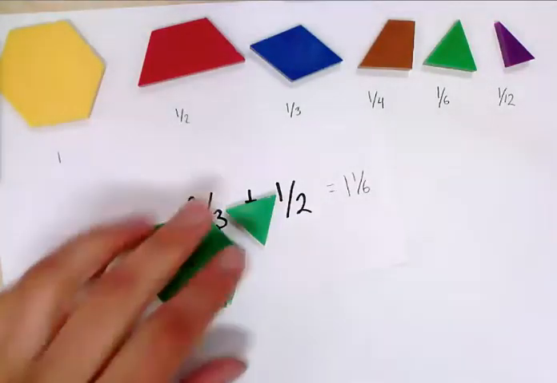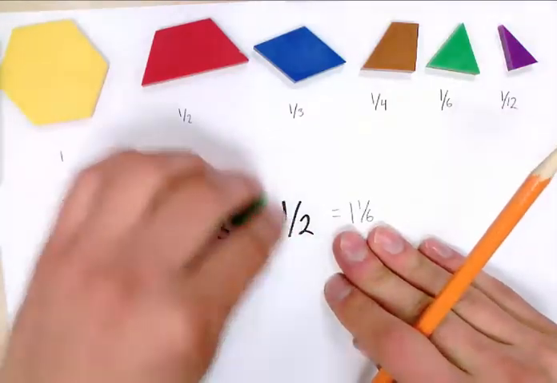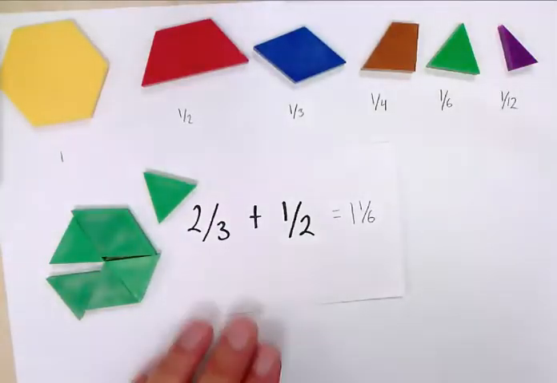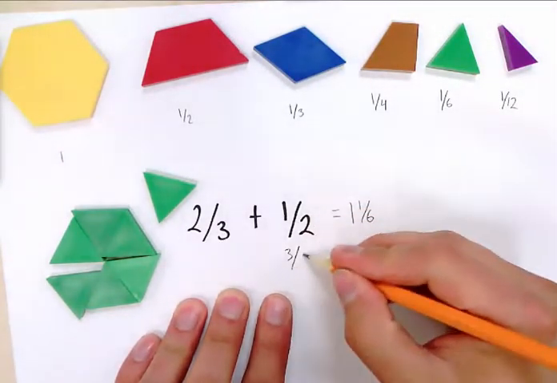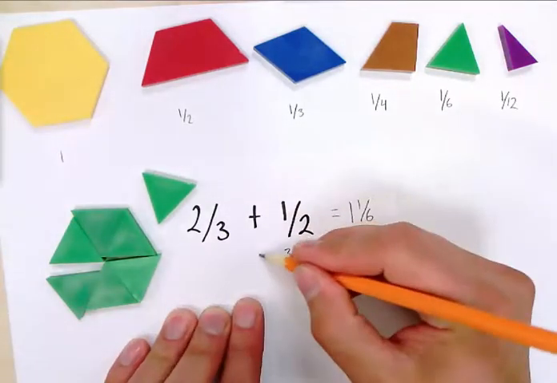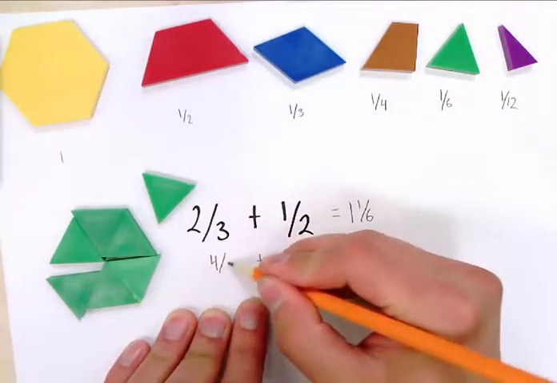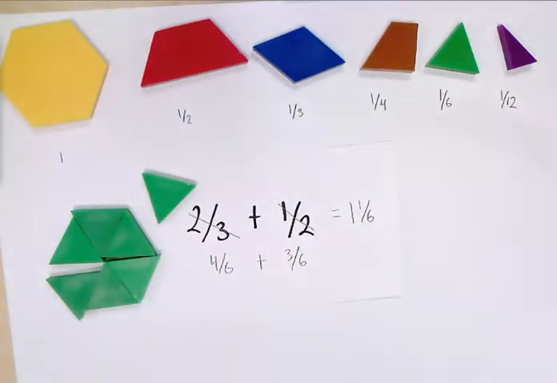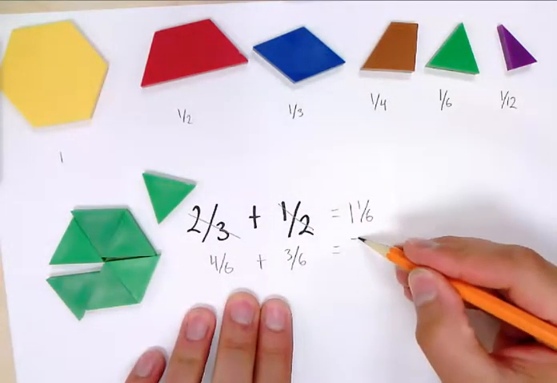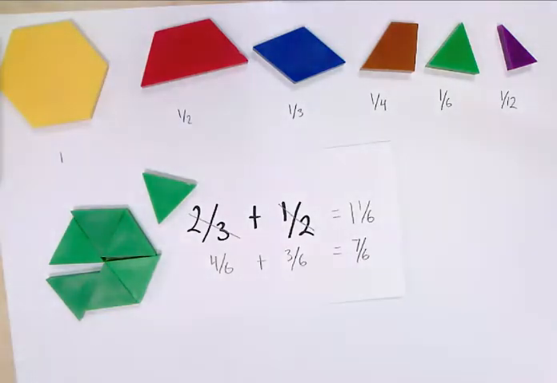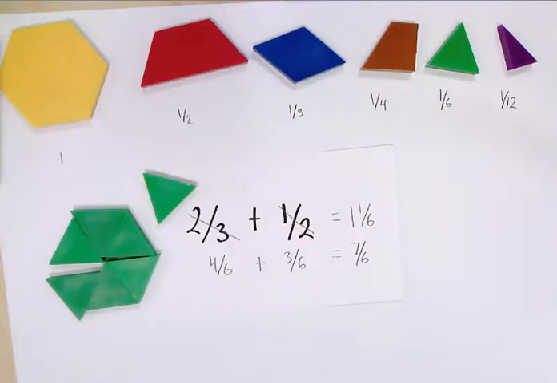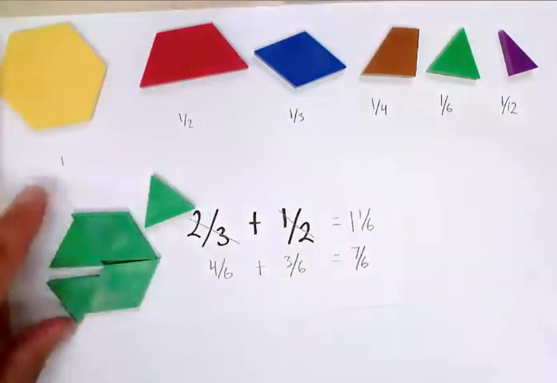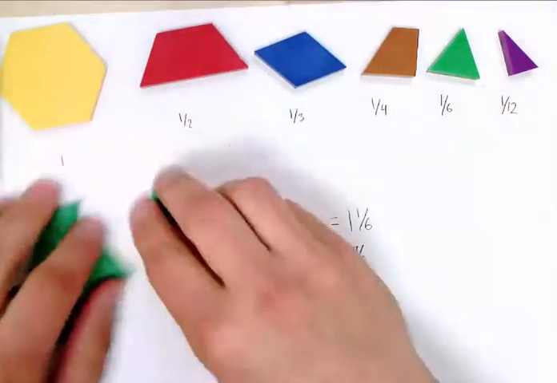So all together, like we said, this is 3/6, and this is going to be 4/6, as we did earlier, and that's going to end up giving us altogether 7/6, which is the same as 1 and 1/6, right? Because we know we have a whole and then 1/6 left over.